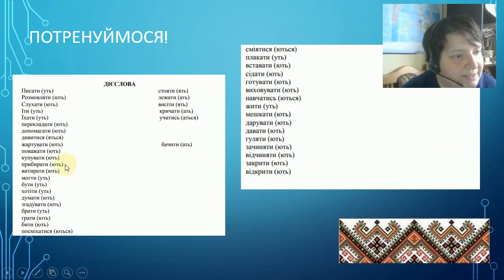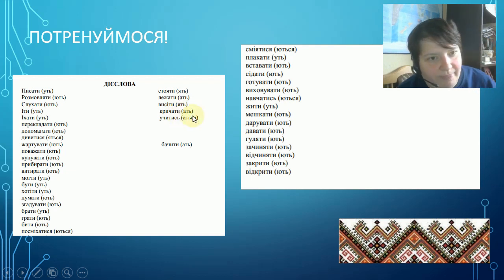And the second type of conjugation have яць, аць. Висять, кричать, they hang, they scream.